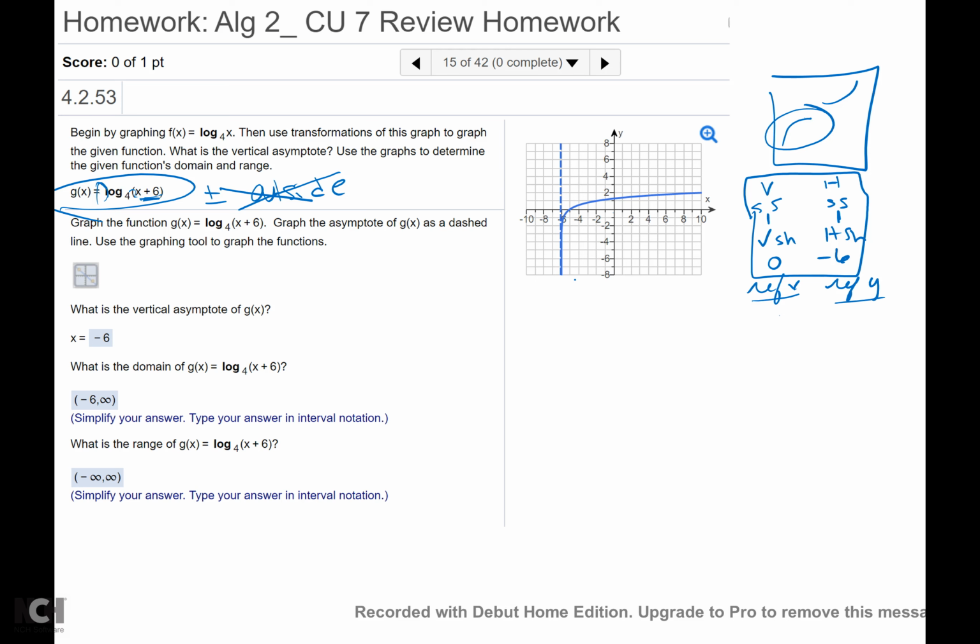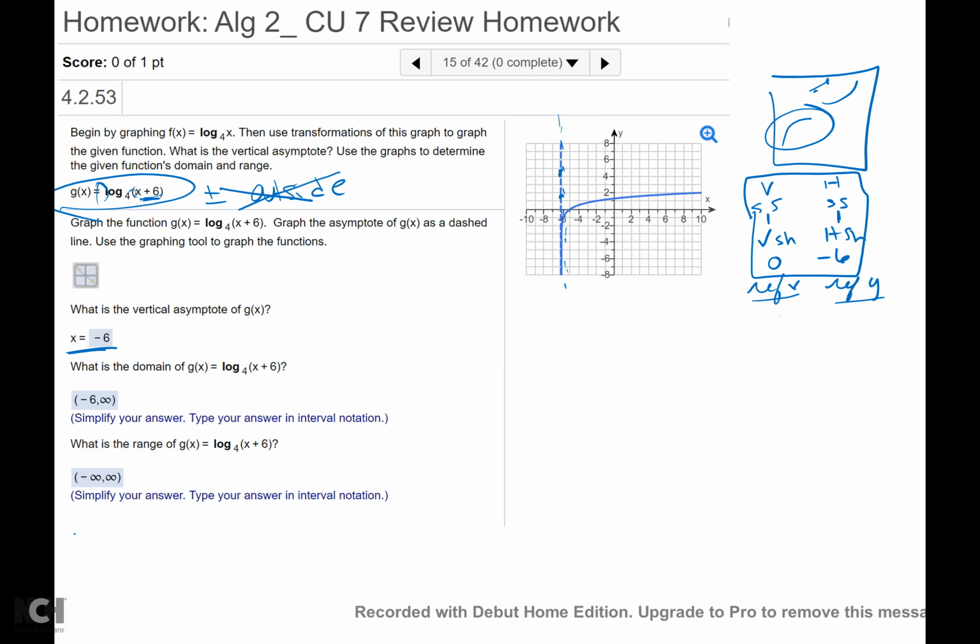Now, on logarithm graphs, compared to exponential graphs, exponentials have a horizontal asymptote. Logarithms have a vertical asymptote. Okay, and since I moved 6 over to the left, it's going to be x equals -6. And you'd have to draw that as well. You'd pick the little line tool and select 2 points, any 2 points, and it'll draw that asymptote for you.